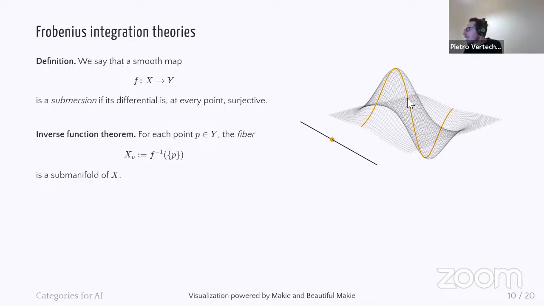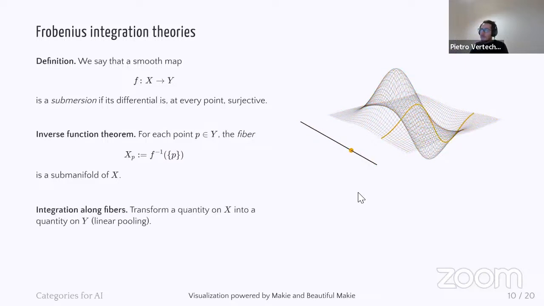So we get a smooth curve embedded within a smooth surface. And as we vary the point P in the manifold Y, we see that this fiber also changes, it moves around and potentially changes shape, but it always remains smooth.